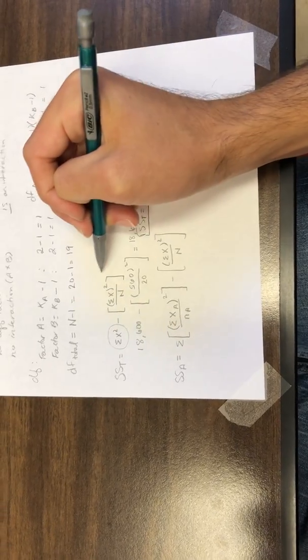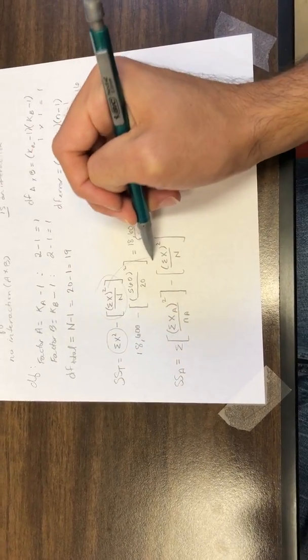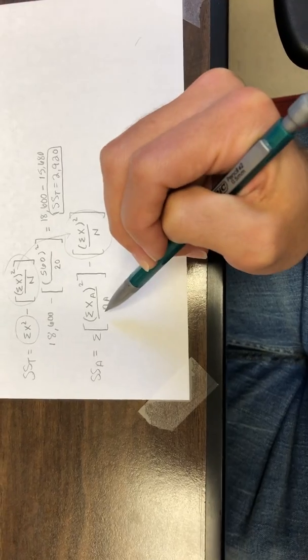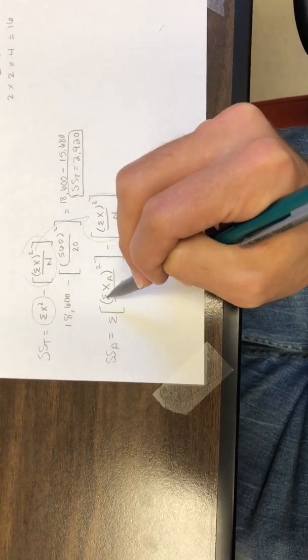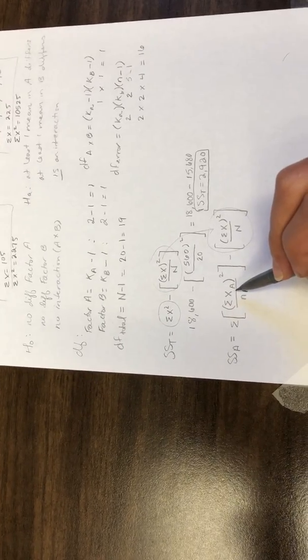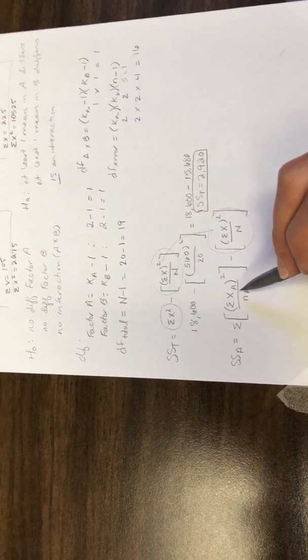And here, note that this is the same as this, okay? So what does this term mean? So this term is going to say that we're going to take the sum of the x's in factor A, okay? So we call factor A, let's say, diet.